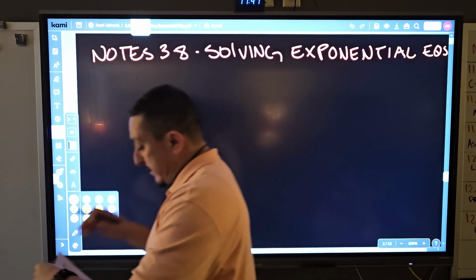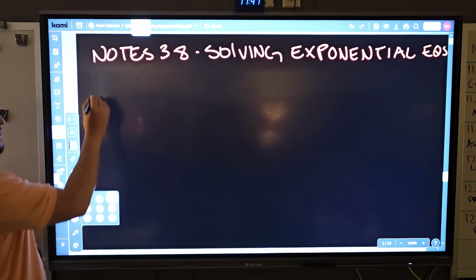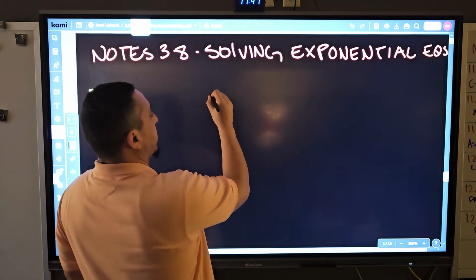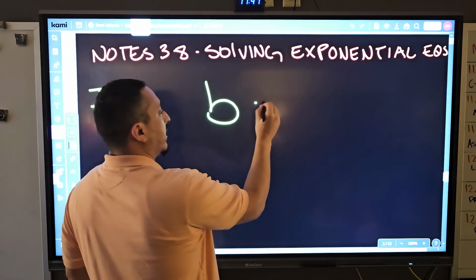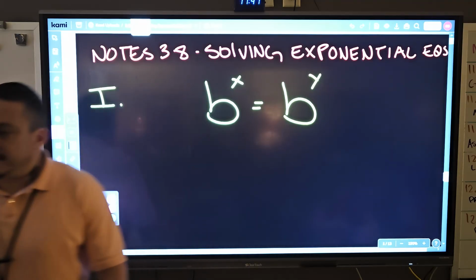All right, guys, so this is solving exponential equations. Basically, there's only two categories, kind of like logs. So this first type is if we have the same base.